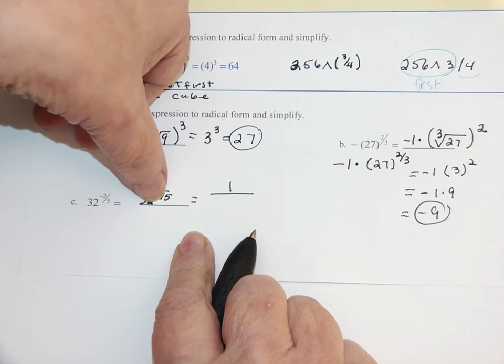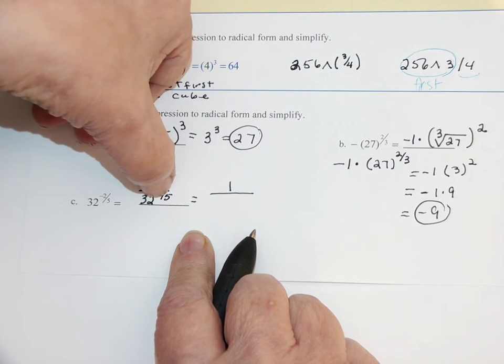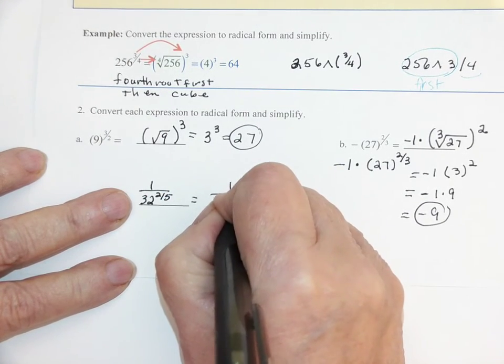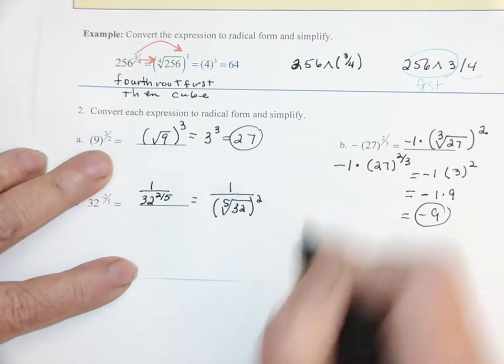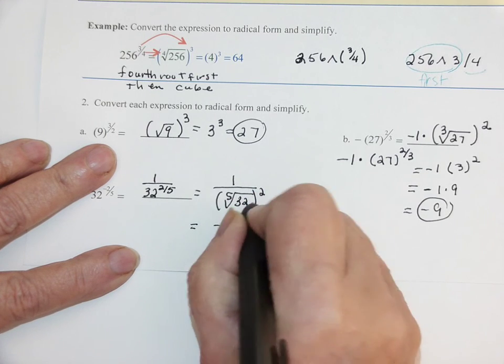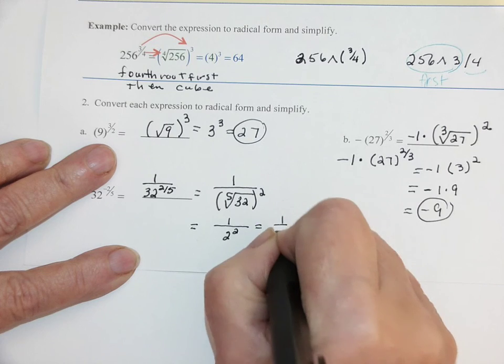If I cover up the 2, that's a 5th root, and the 5th root of 32 is 2. So I do the 5th root first, then square it. 1 over the 5th root of 32 is 2 squared, which then becomes 1/4.